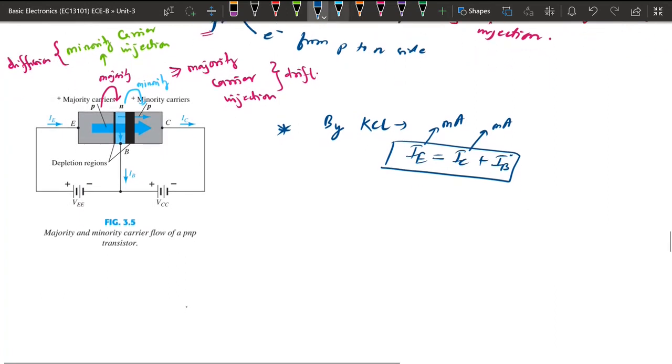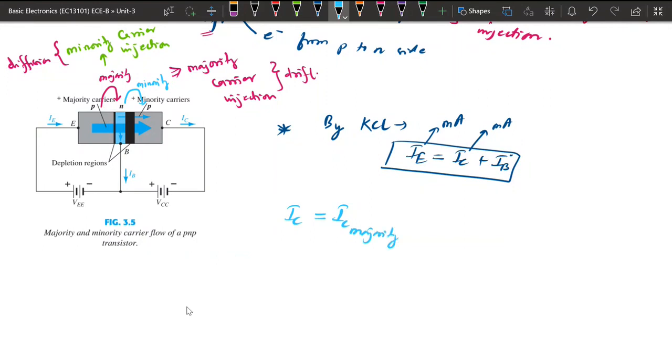At the output terminal, we see the IC current. One part of IC is because of the majority carriers.